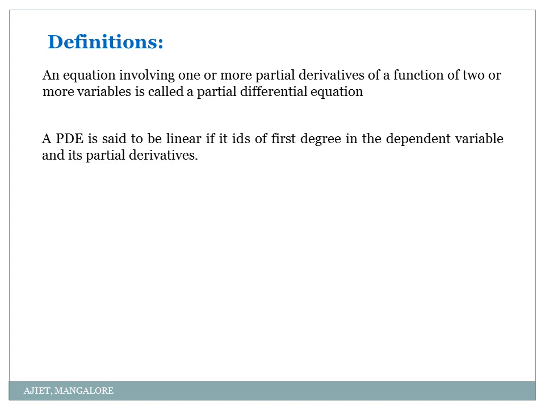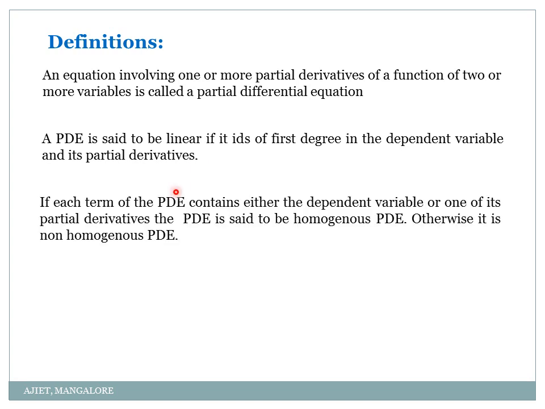Next, a partial differential equation is said to be linear if it is of first degree in the dependent variable and its partial derivatives. That means if you have degree as 1, then it is said to be a linear equation.